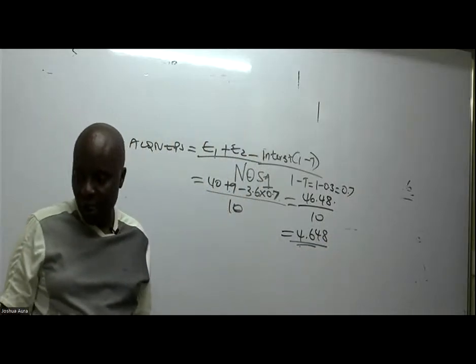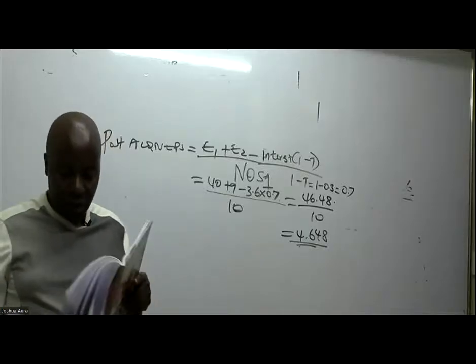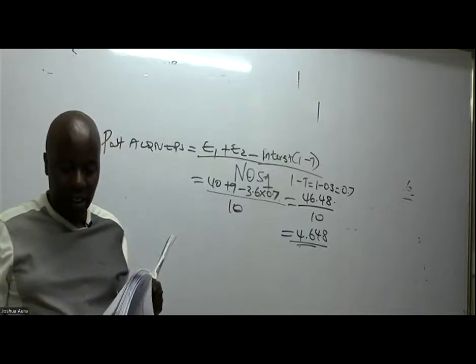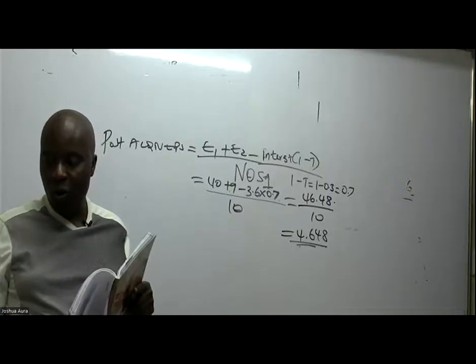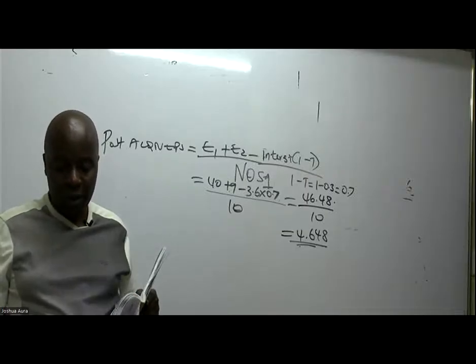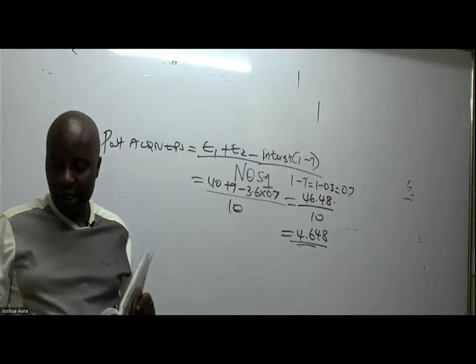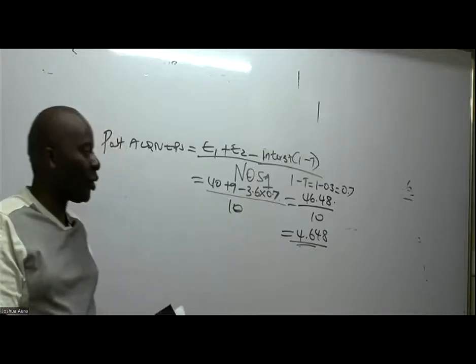Lucy, I'm not able to understand your question. Interest is not 30%. 30% is the tax. If I want to get interest, it has been given there in note 4, question 4, where they have given us the interest is 12% of the total debt. We've been able to calculate the total debt here.